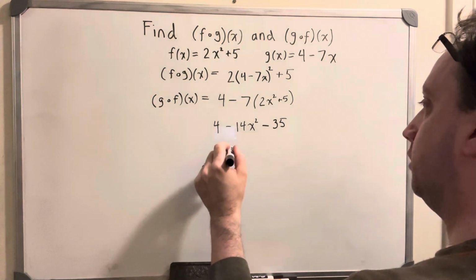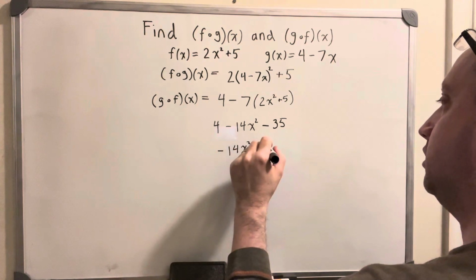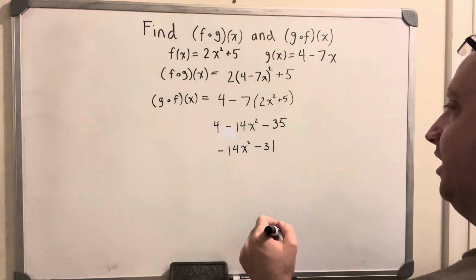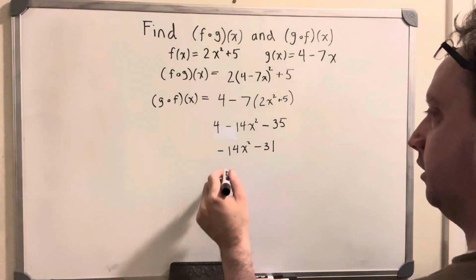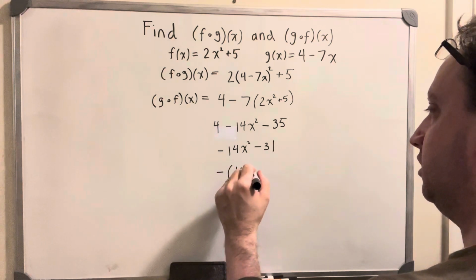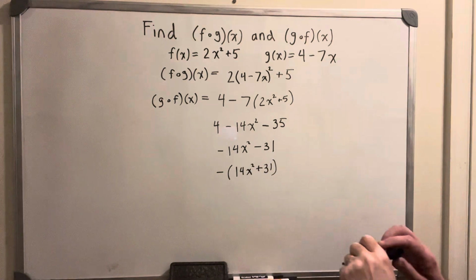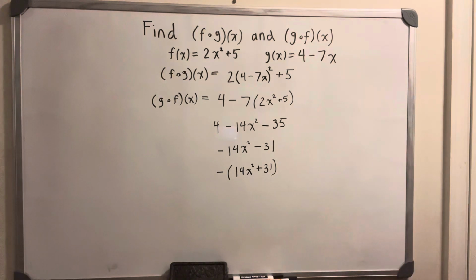So I can just put negative 14x squared minus 31. And if you wanted to factor out the negative symbol, you can put negative, 14x squared plus 31. Look over, see if I made any glaring mistakes. Not that I notice. And of course, go over with a fine-toothed comb, maybe solve it again a couple times later offline.